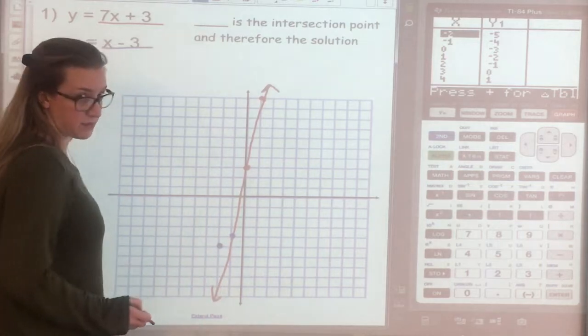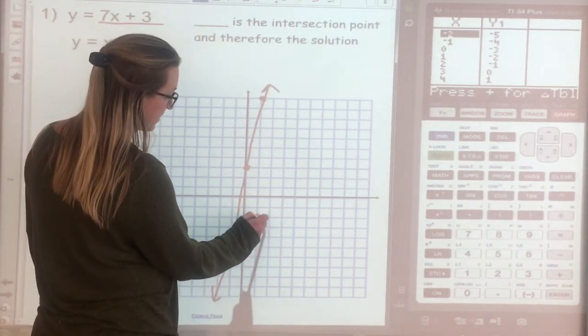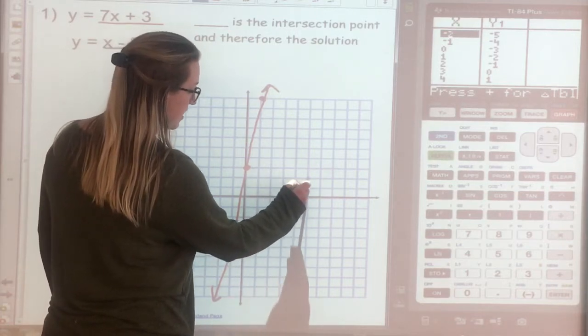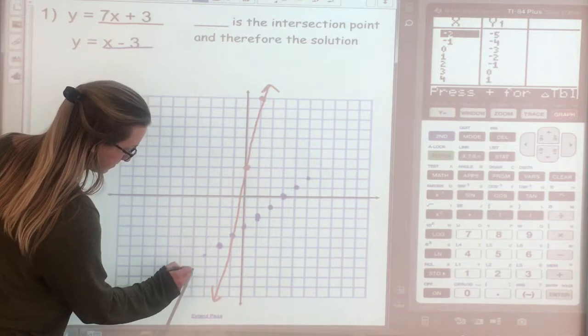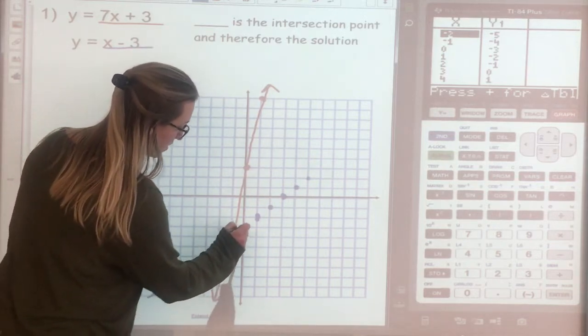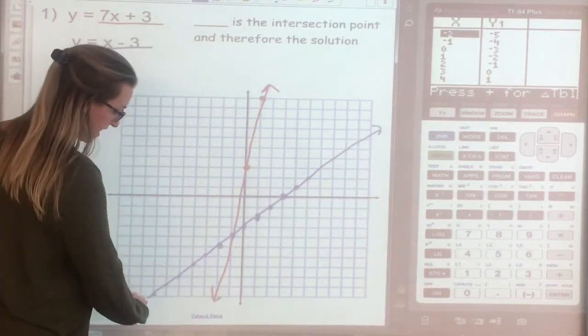Oh look, I had that point there already. And the rest are actually going to follow the same pattern. And we can draw the line. Okay, so, arrows on both ends.